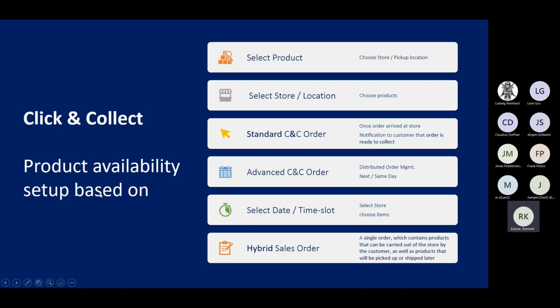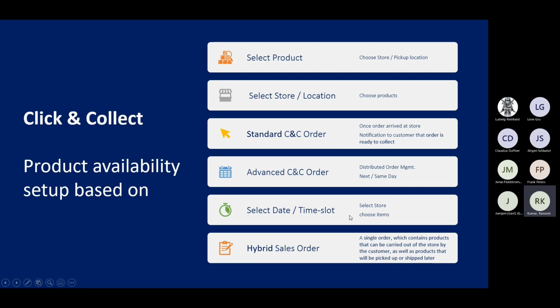Click and collect setups we can do based on the requirement. We can select the product, and choose the store and pickup location as well, or a standard click and collect option which I already discussed, or advanced click and collect. We can go for same day and next day options as well.